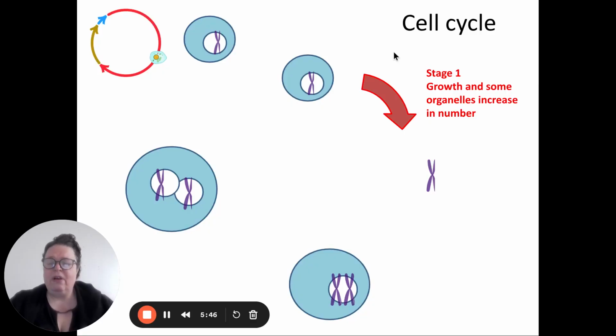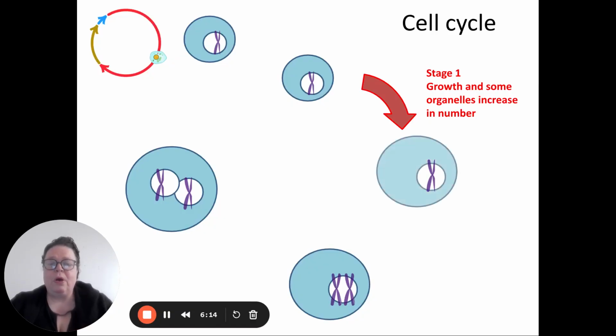Now for it to divide into two, it has to get bigger and it has to increase the number of organelles. So when we think about organelles, we're thinking about all those little things inside the cells like mitochondria, ribosomes, chloroplasts if it's a plant cell. All those tiny things, they're organelles. So it needs more of them and the cell needs to get bigger.